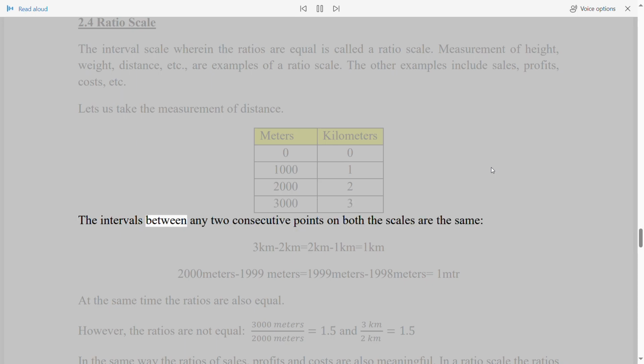The intervals between any two consecutive points on both the scales are the same. 3 kilometers minus 2 kilometers is equal to 1 kilometer, and 2 kilometers minus 1 kilometer is equal to 1 kilometer. 2000 meters minus 1999 meters is equal to 1 meter, and 1999 meters minus 1998 meters is equal to 1 meter. At the same time, the ratios are also equal.